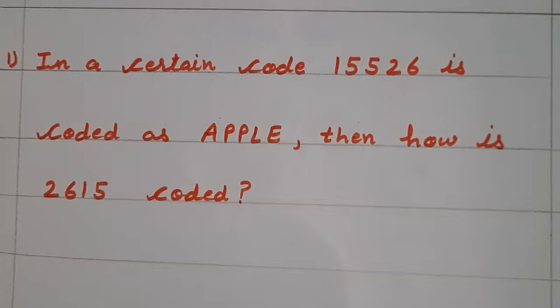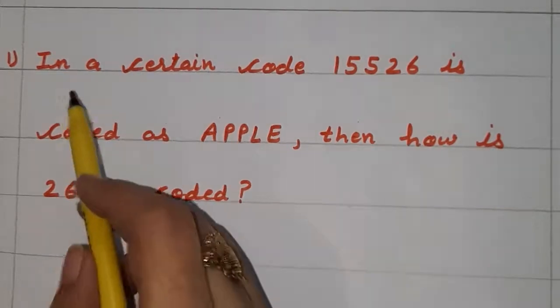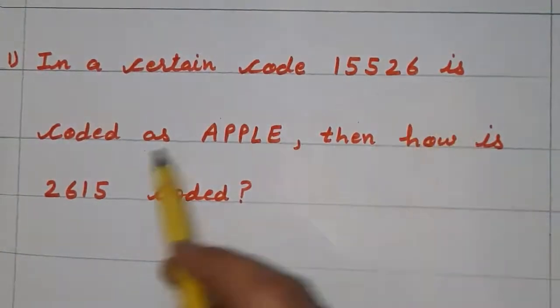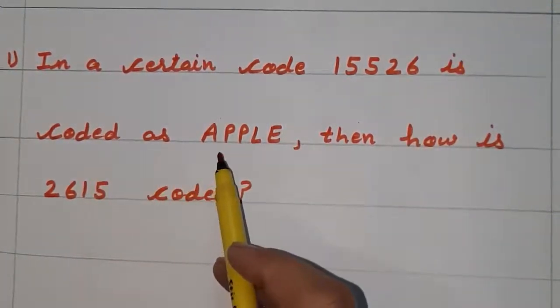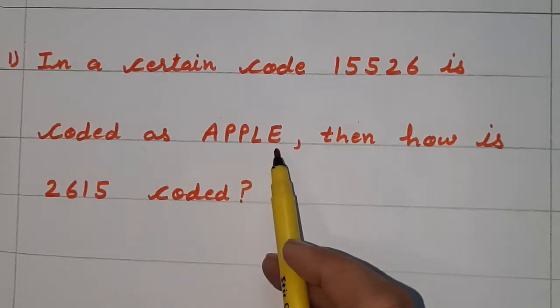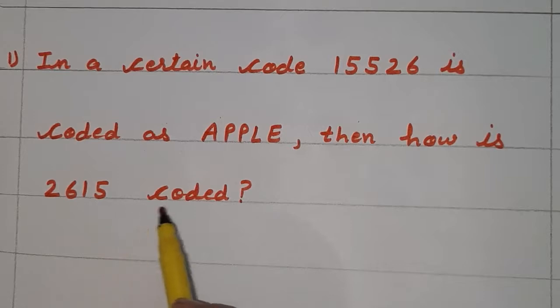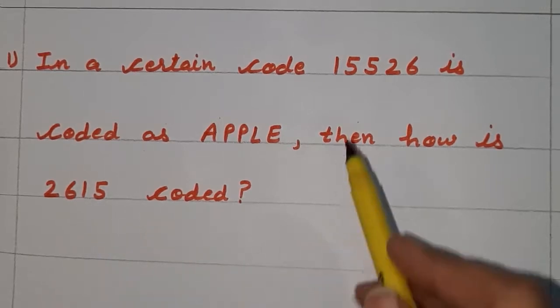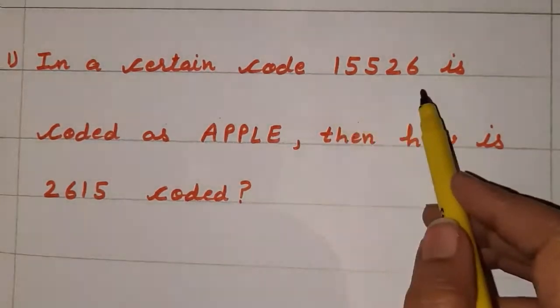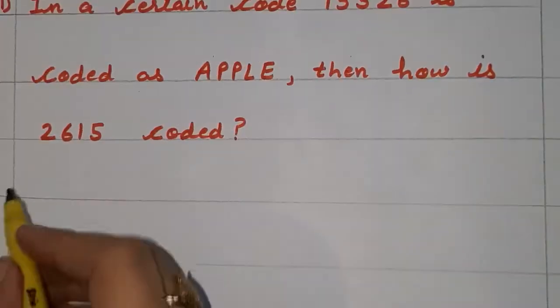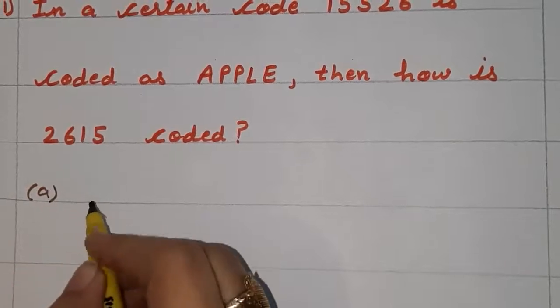And in this number coding, the first example is: in a certain code, 15526 is coded as APPLE. Then how is 2615 coded? Code is given to us for 15526 as APPLE, and we have to find out the code for 2615. Now see what the options are.